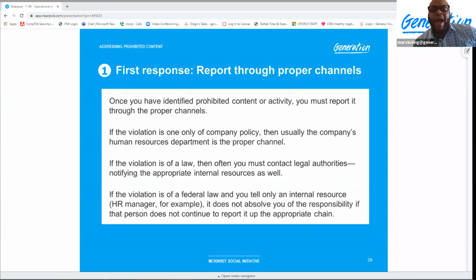In a matter of 24 hours, they had enough information that they just went through the steps of interviewing her, but she knew that was her job. If the violation is only one of company policy, then usually the company's human resource department is the proper channel. They got looped in as well. I left that out. But once they touched the information, it still just makes me sad.